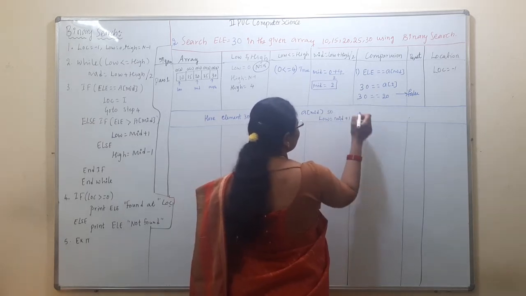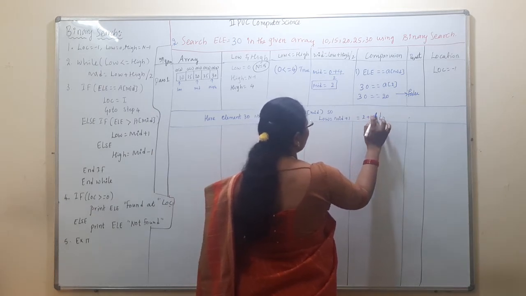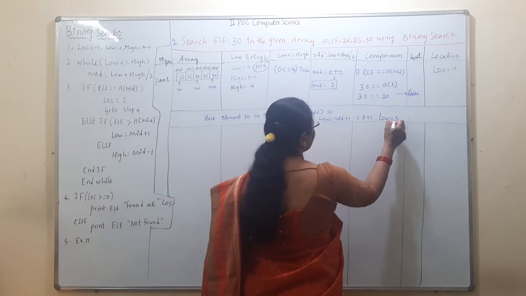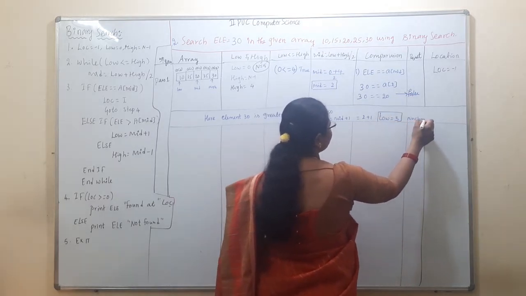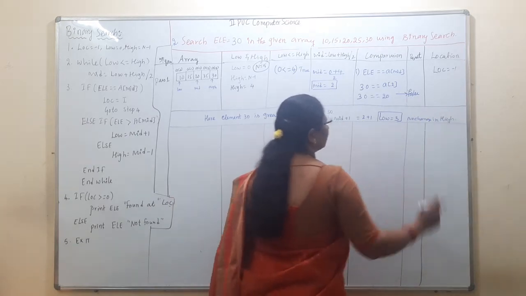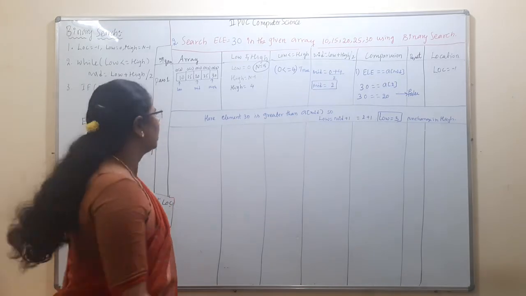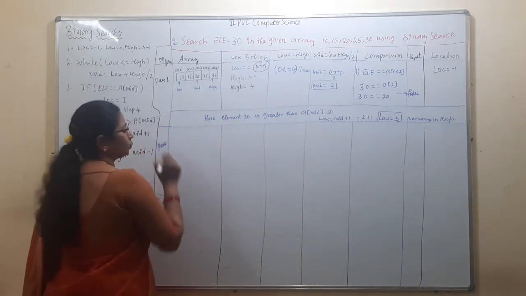So what is mid? 2 plus 1. So now we got the new low pointer, 3. No change in the high. Did you get it? Then we are moving to pass 2.